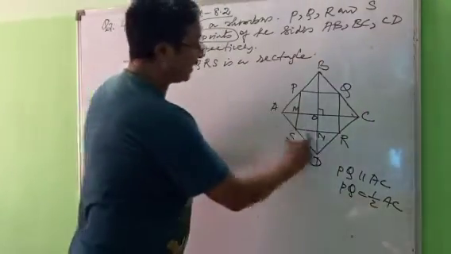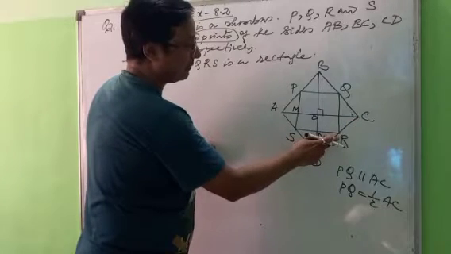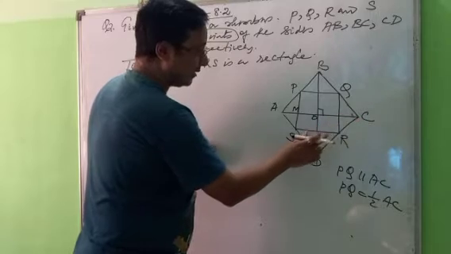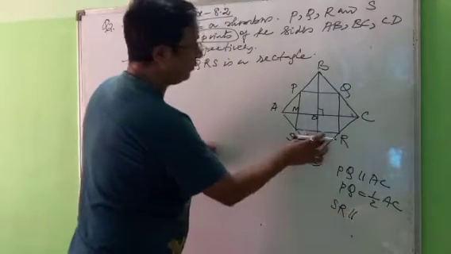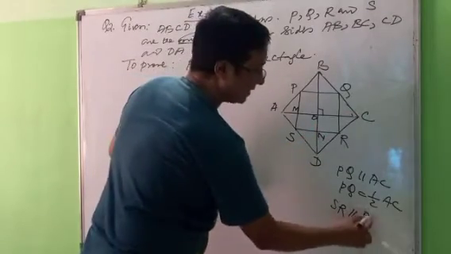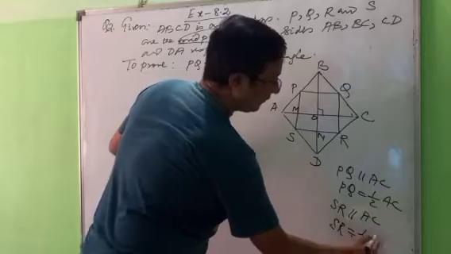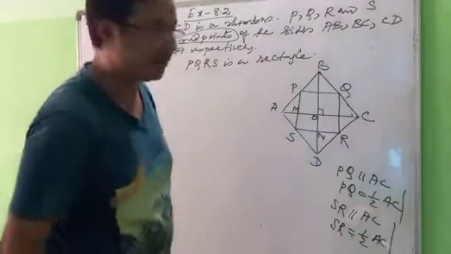Similarly, in this triangle, that is DAC, S and R are midpoints of AD and DC. Therefore, SR is parallel to AC, and then SR equals half of AC. So you got it by the midpoint theorem.